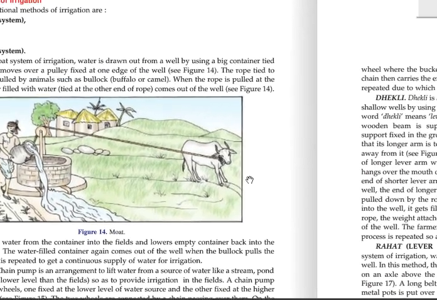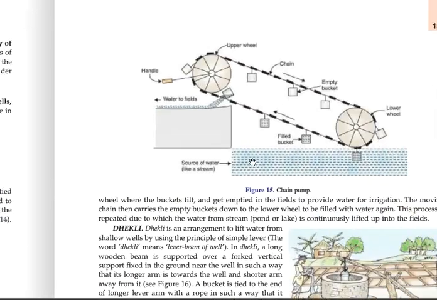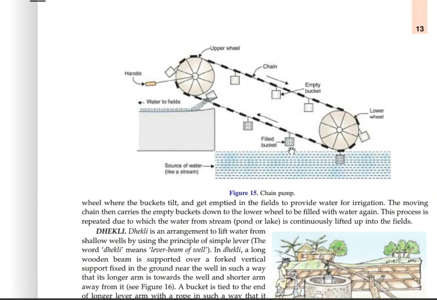In this method, see this figure. The chain pump method is constructed in this way.